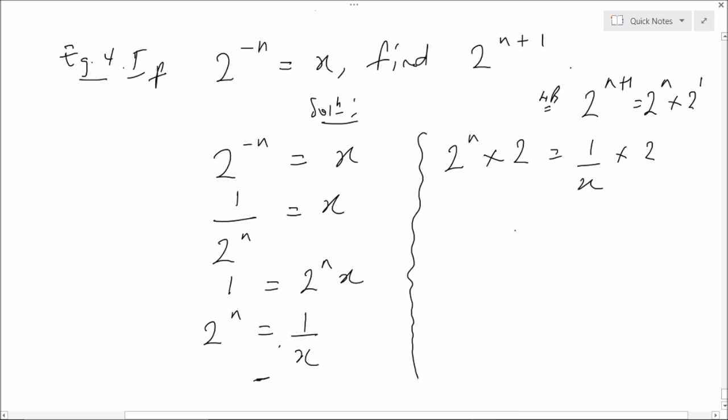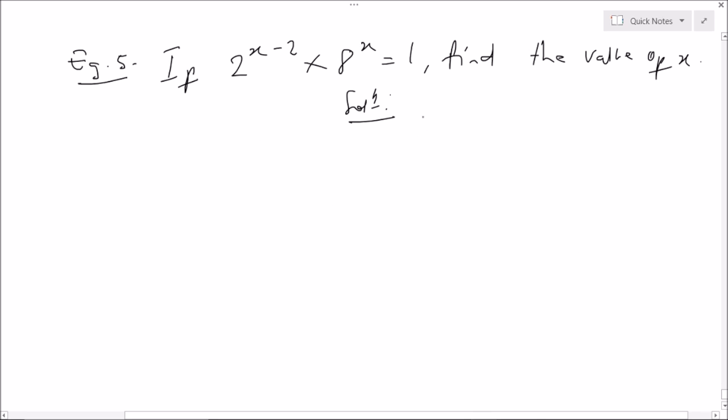Note that it's an equation, so if you do anything to the left hand side, you have to also do the same thing to the right hand side. So this will give us 2 raised to the power n plus 1 is equal to 1 over s times 2, which is the same as 2 over s. Therefore, 2 raised to the power n plus 1 is equal to 2 over s. So this is our answer.